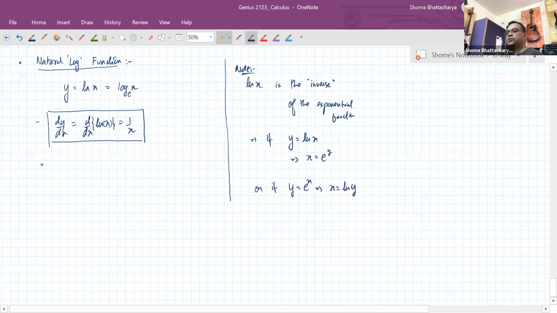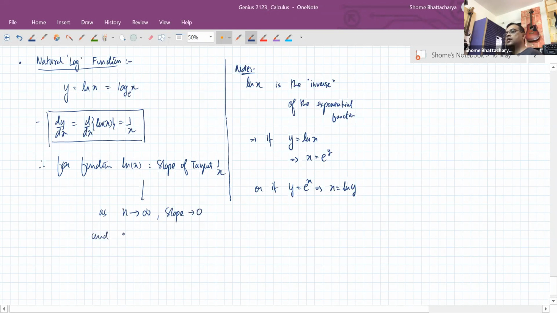Therefore, for the function ln x, the slope of tangent is 1 by x, such that as x tends to infinity, the slope tends to 0. And as x tends to minus infinity, the slope tends to infinity. So we'll see that the graph of this function has that particular property now. So just make a note of this formula compared to the graph of the function.